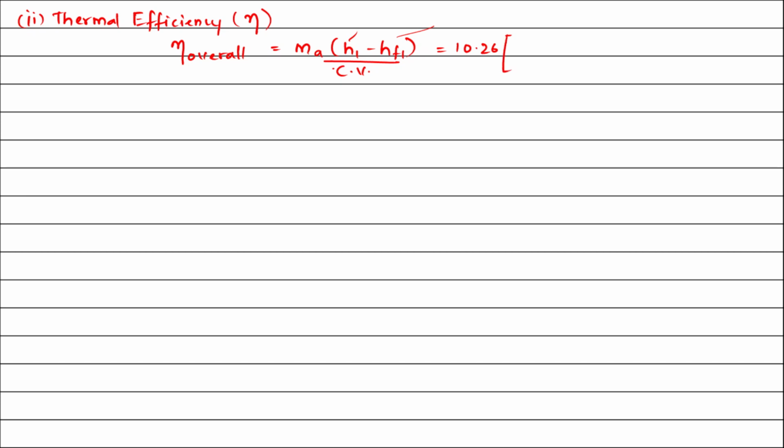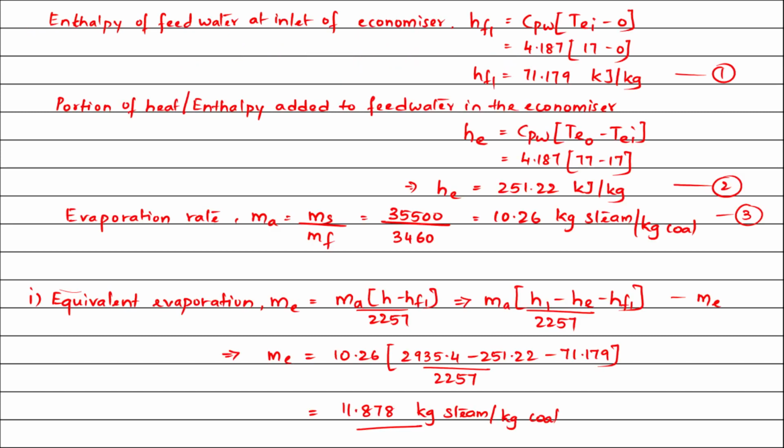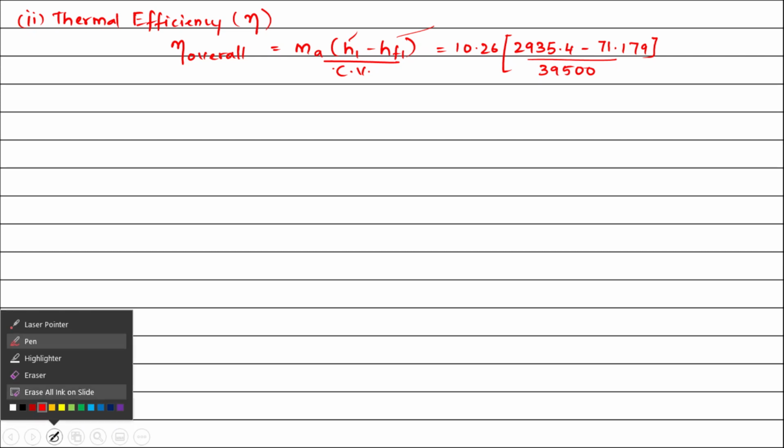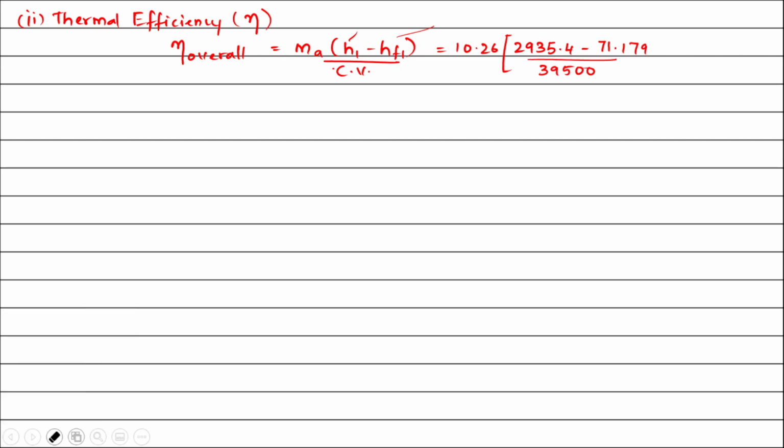Now ma I have already found out as 10.26, multiplied by h1, which we had taken from the tables, 2935.4 kilojoule per kilogram, minus the enthalpy of the feed water at inlet, which we found in the previous page, 71.179, and then I divide it by the calorific value of the fuel, which was given as 39500 kilojoule per kilogram.